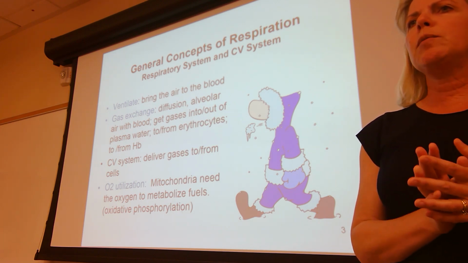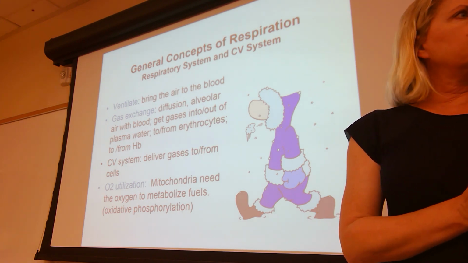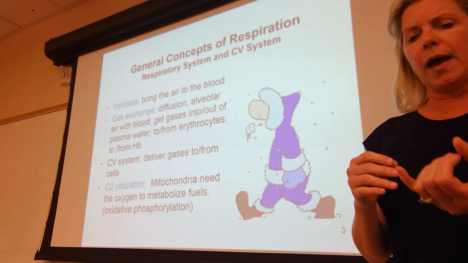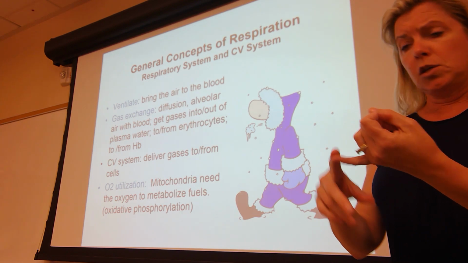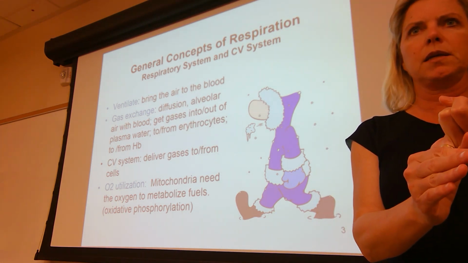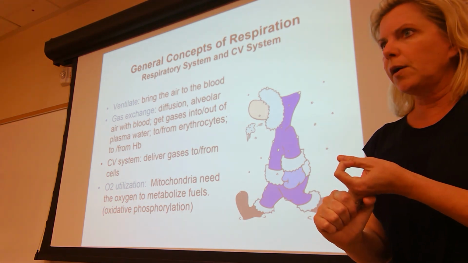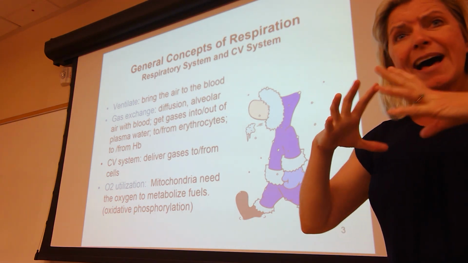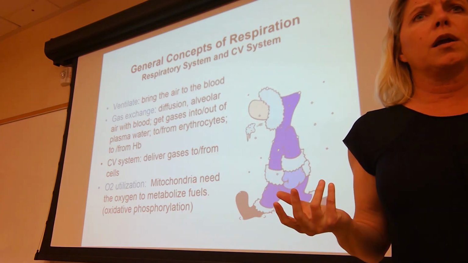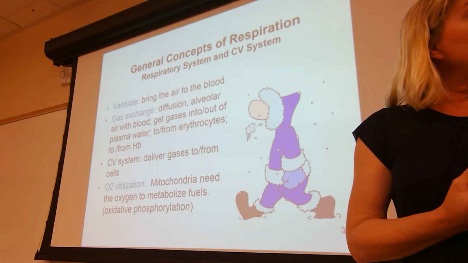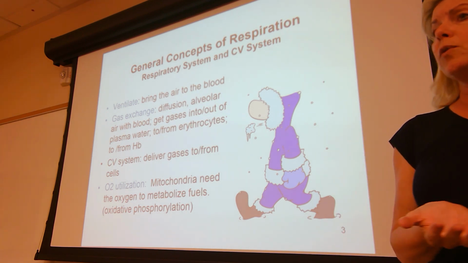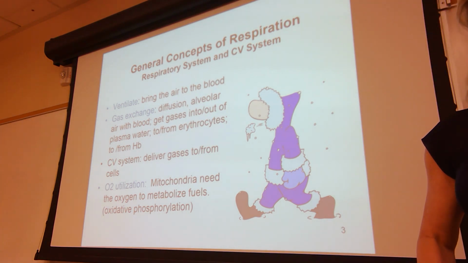However, we know about Fick's law for the rate of diffusion. And there have to be certain criteria. You have to have permeability. You have to have a gradient. We need to talk about what kind of gradient. You need to have good surface area for this gas exchange. There's a lot of things you need for this diffusion to occur. And some people have a problem with this gas exchange. That would be the obstructive category that you're going to learn about.